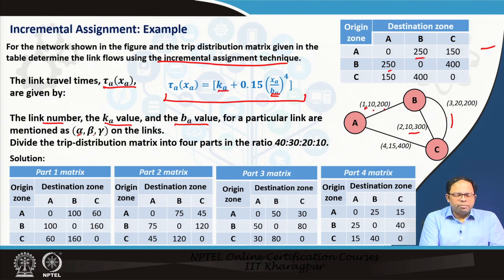We divide the entire matrix in the ratio 40 to 30 to 20 to 10. I was telling you the initial one is big and then we can gradually taper it off, or we can even make equal parts. So this is 40% of the total trip volume, this is 30%, 20% and 10%.